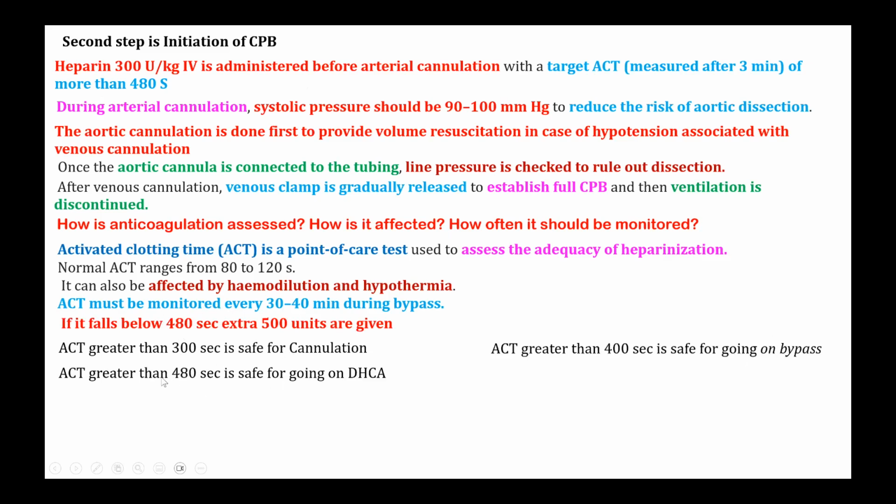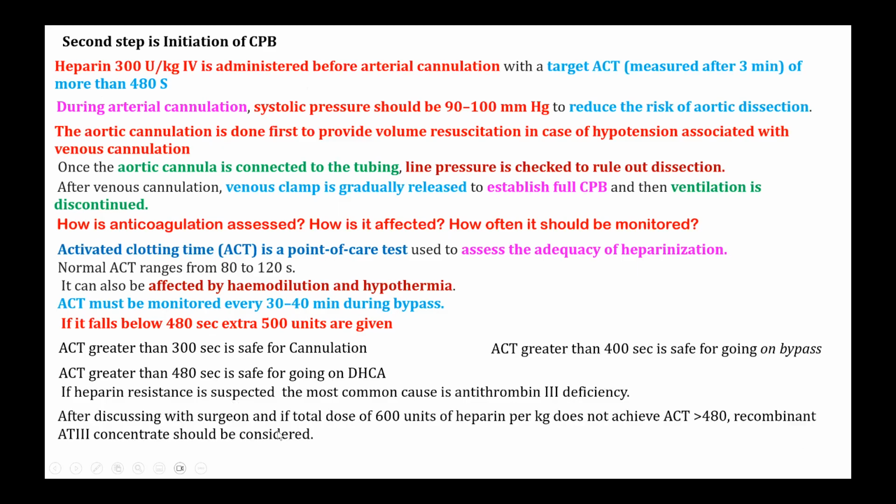An ACT greater than 480 is definitely required for deep hypothermic cardiac arrest cases. And if heparin resistance is suspected, very rarely the heparin may not have the desired effect. Then you have to suspect antithrombin 3 deficiency.